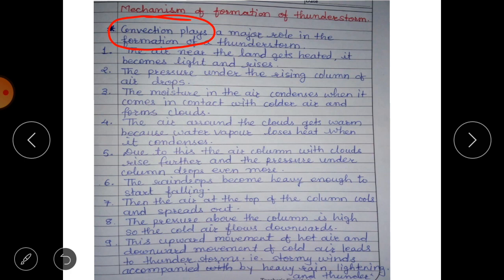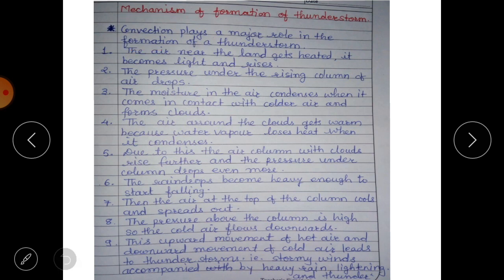If you know what convection is, then you will easily understand the mechanism of a thunderstorm. For convection you can see that video in the playlist. So convection plays a major role in the formation of a thunderstorm.